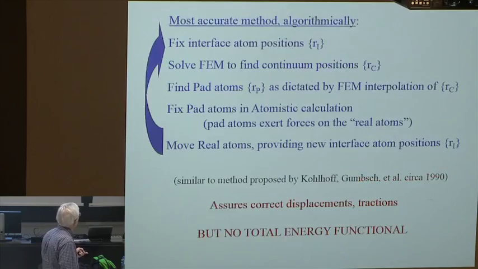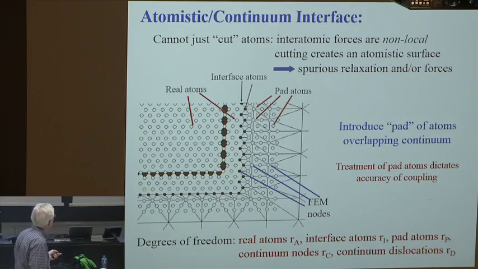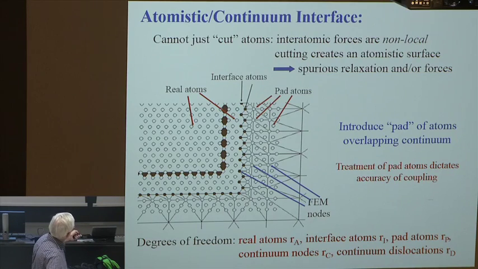So let me see if I have a better picture. No, I don't have a better picture here. So look over here. If I cut an atomistic system and I make an interface, think of it over here as a free boundary. These atoms, and I want to, in continuum mechanics, I would just say, look, I just have to apply forces to these atoms on the surface, and then I'll have my free body.